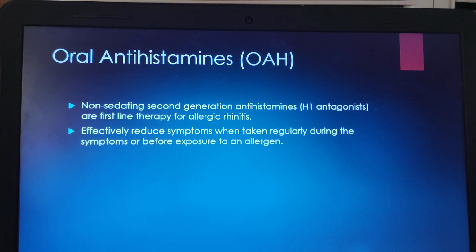Besides sedation, there were a lot of other side effects like anticholinergic side effects, not very suited for elderly patients, etc. But after the advent of non-sedating, what you call second generation antihistamines, they became the first line therapy for allergic rhinitis.